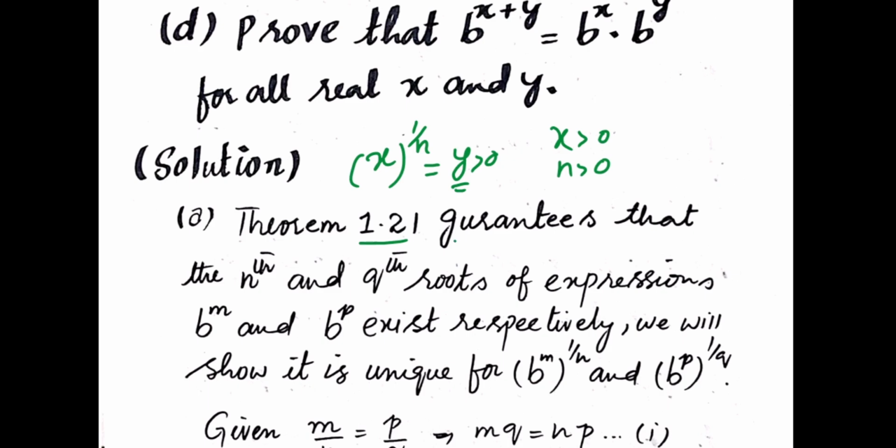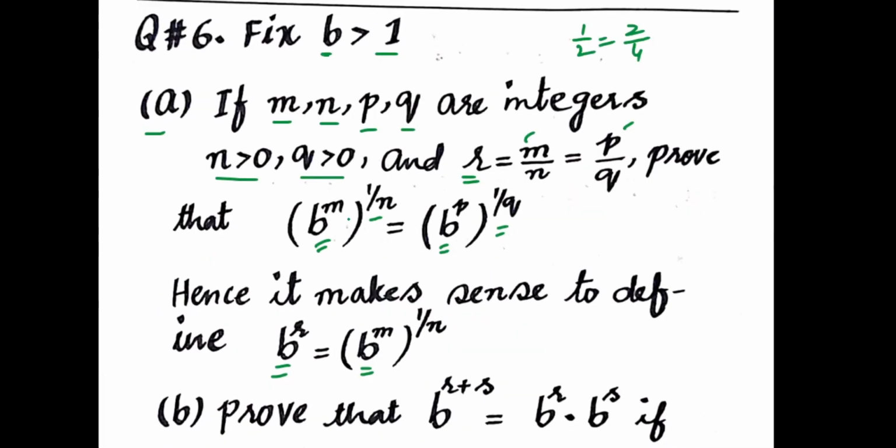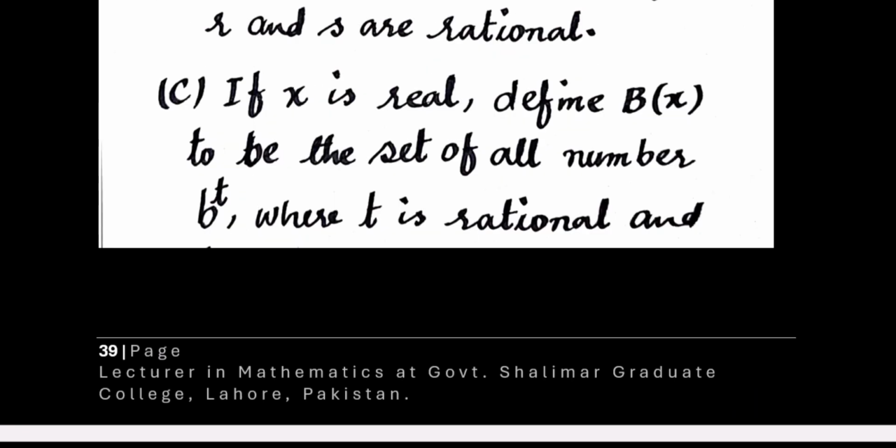So this theorem guarantees that the nth root of b raised to power m and qth root of b raised to power p must exist. But our target is to show that this nth and qth root are also the same.